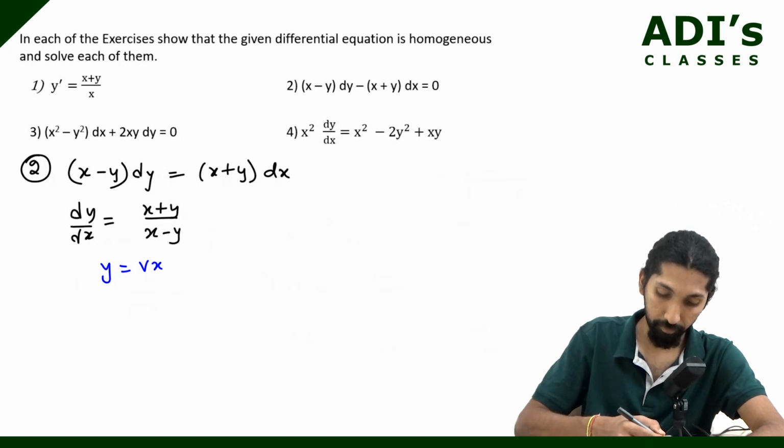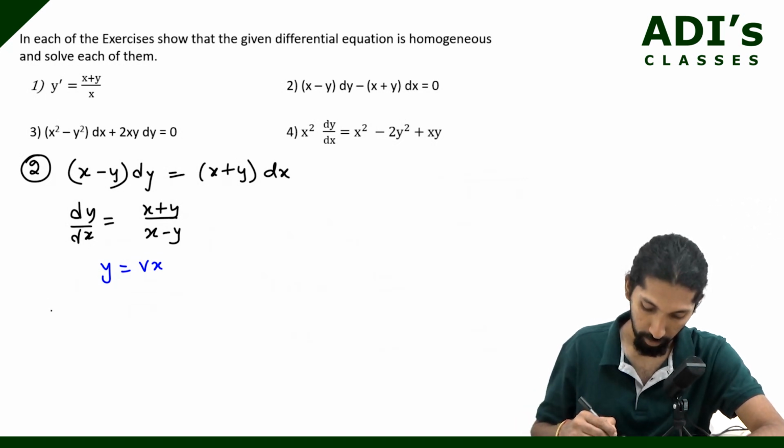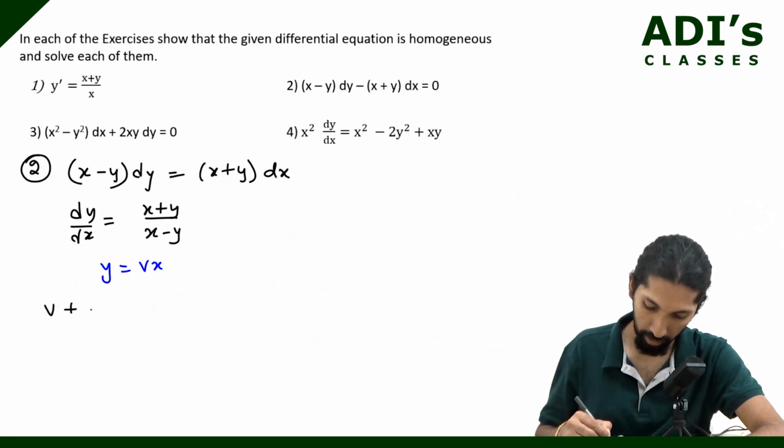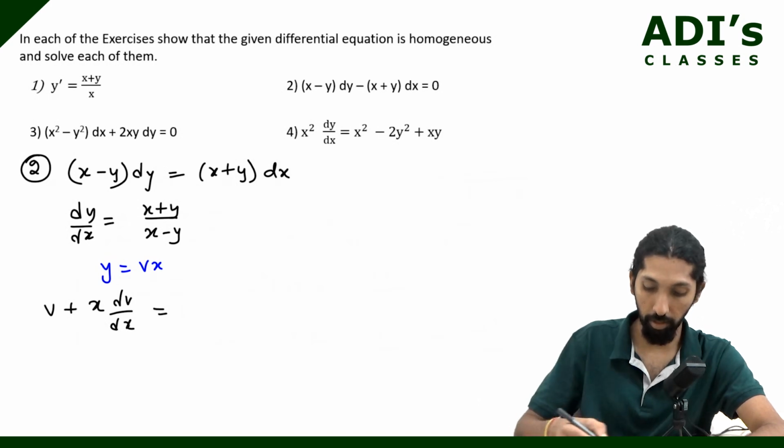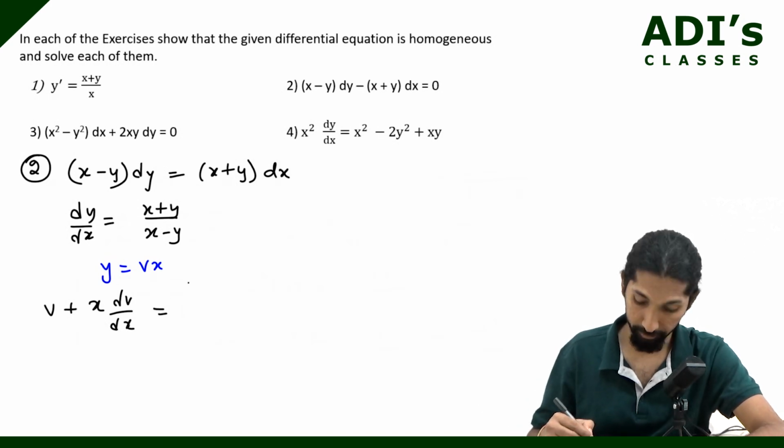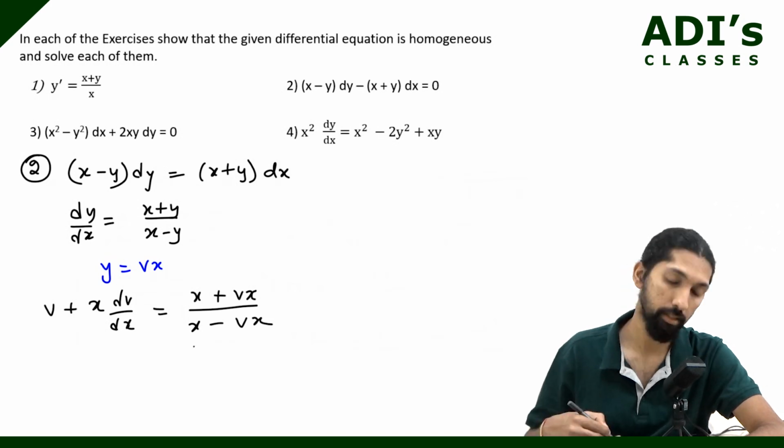Substitute. So you have dy by dx, which is v plus x into dv by dx, is equal to x plus vx divided by x minus vx.